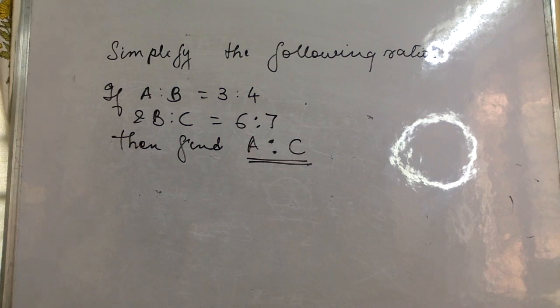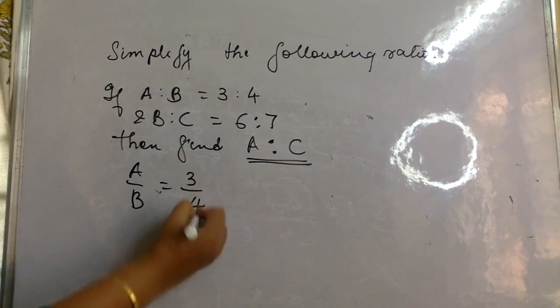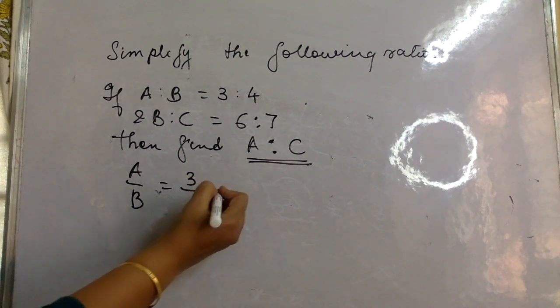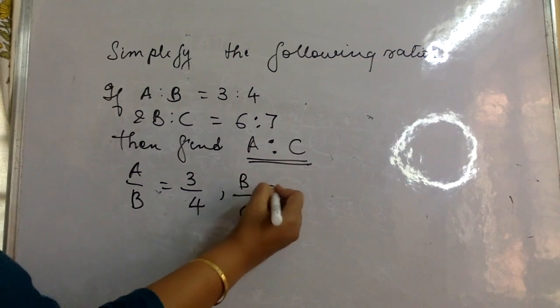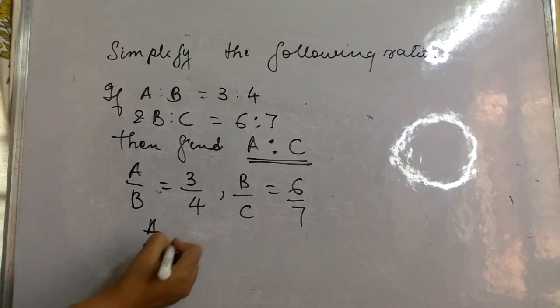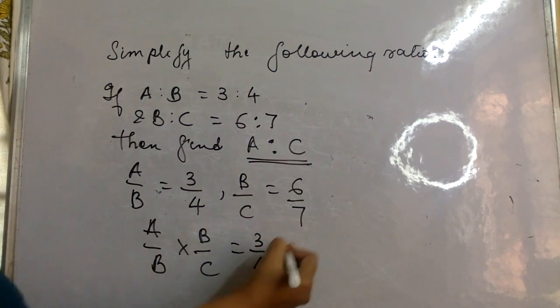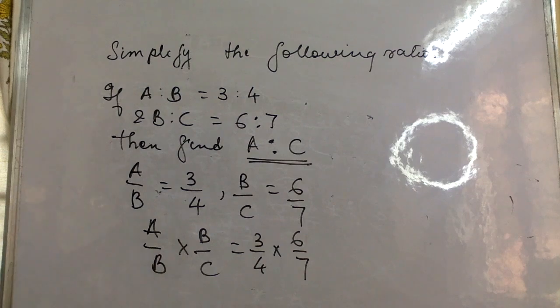Now see, another way of writing ratio is this, right? Another way of writing ratios is this. Okay, and B by C is 6 by 7, A by B into B by C is 3 by 4 into 6 by 7, right?